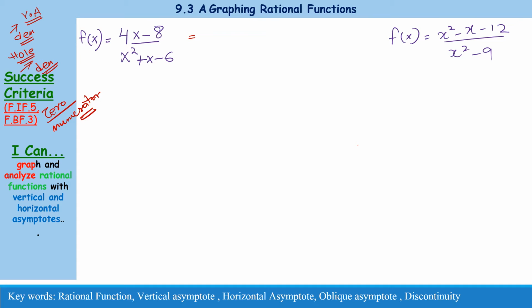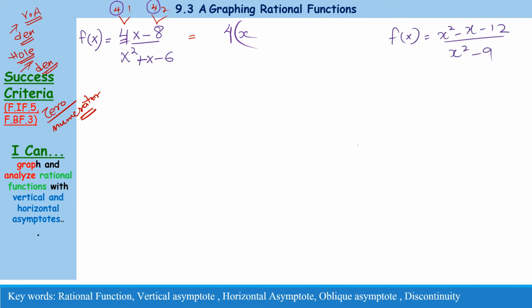Okay, so first of all, let's try to factor them. So 4x minus 8. Here 4 is common because 4 times 1 is 4, whereas 4 times 2 is 8. So if 4 is gone, what is left? Of course, you wrote the 4 already.